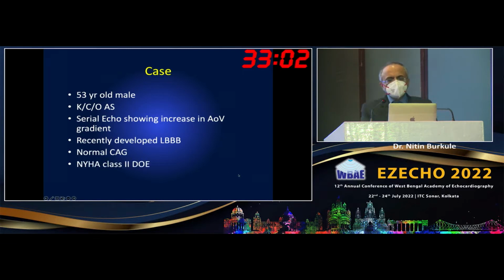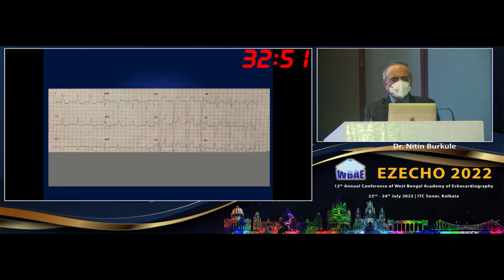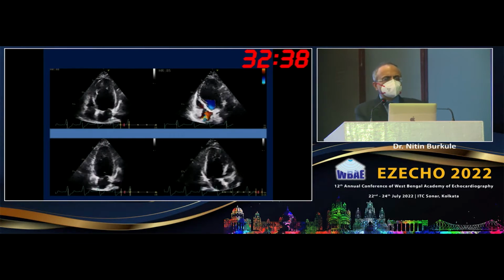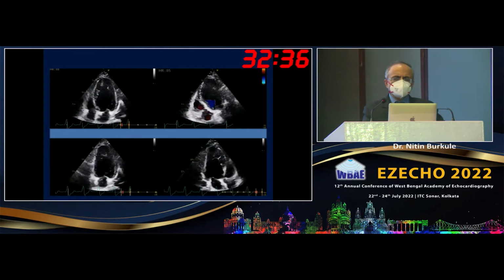symptomatic. Now, what extra information is an MRI going to give me here? Because he has developed LBBB and LV dysfunction, he is now in a low flow, low gradient severe aortic stenosis category. This is his ECG, and you can see there is an LBBB, QRS duration definitely more than 120 milliseconds. The echo shows a very dirty calcified valve, which even in short axis is very difficult to make out, whether tricuspid or bicuspid, or to planimeter.